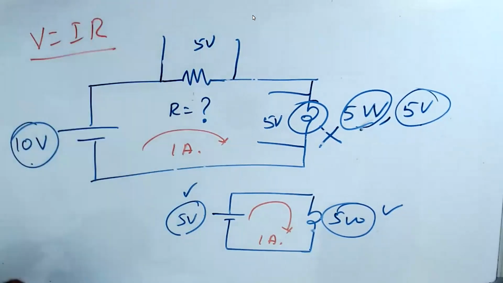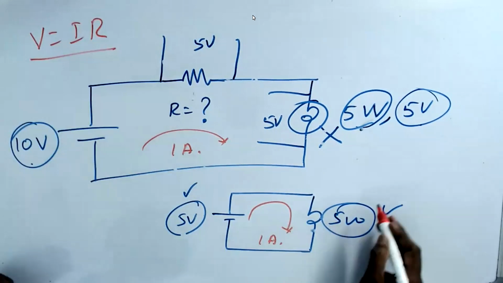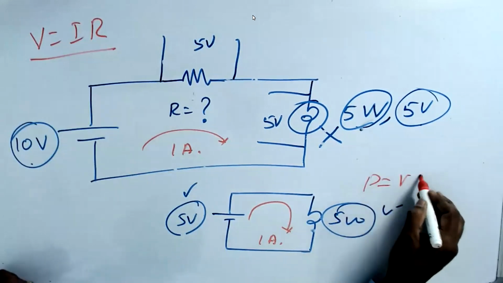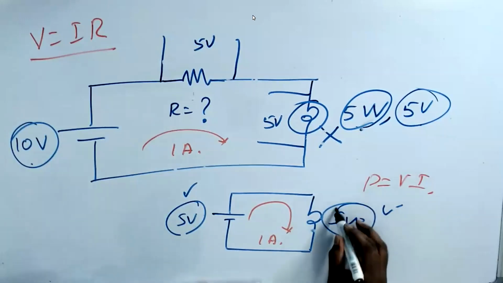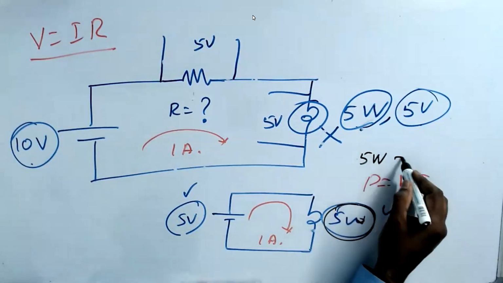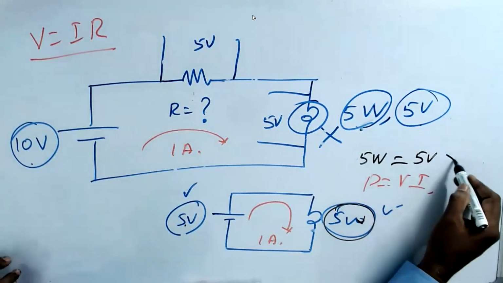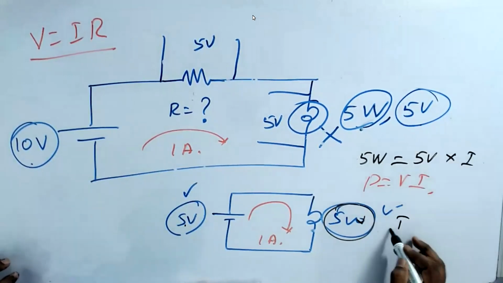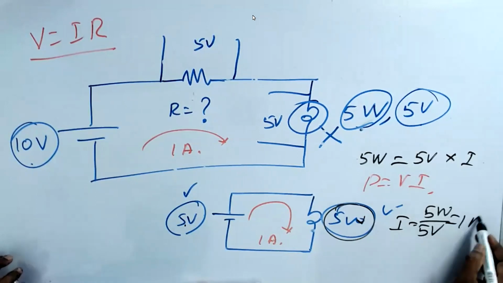Here I use the formula P is equal to VI. Now P is 5 watts, equal to voltage 5 volts into I. So I is equal to 5 watts divided by 5 volts, equal to 1 ampere.